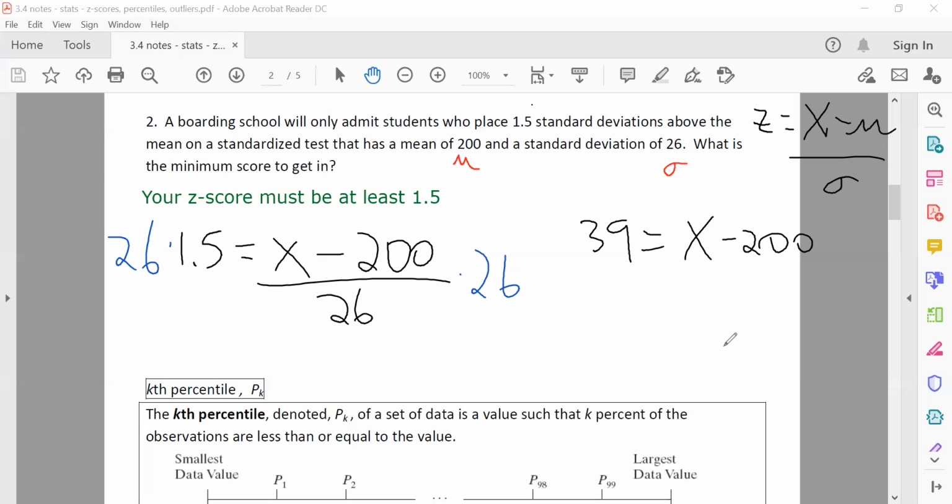Then we would just need to add 200 to both sides. And you're going to get 239 as your x value. And of course, you can just write that as x equals 239.